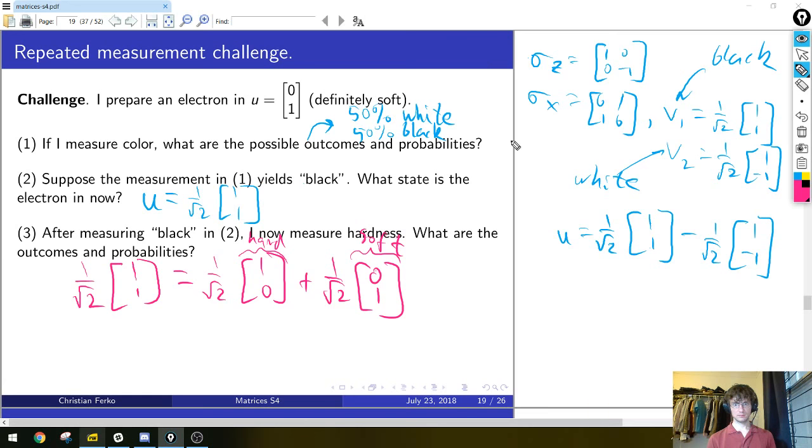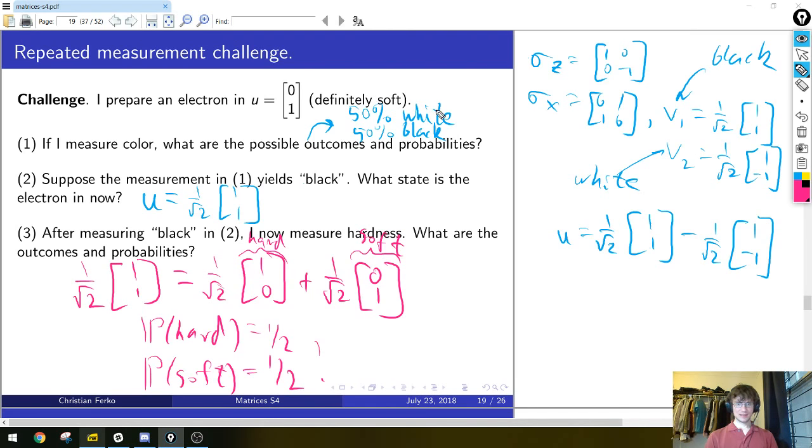The probability of hard is going to be 50%, since the absolute value of 1 over root 2, squared, equals 1/2. Good. And similarly, the probability of soft is going to be 1/2, or a half, 1 over root 2 squared. Yeah. Good. Okay.